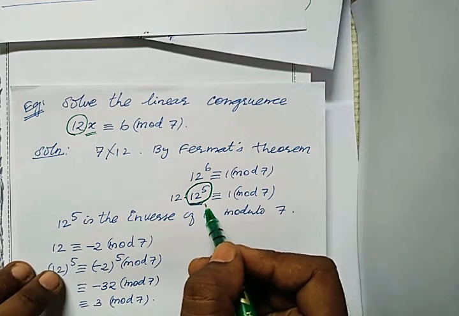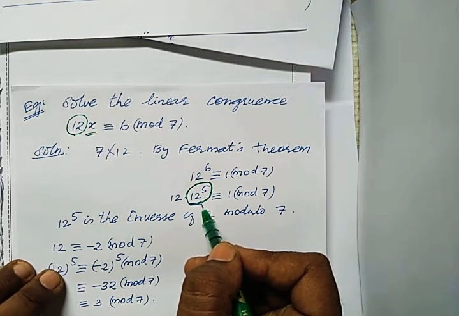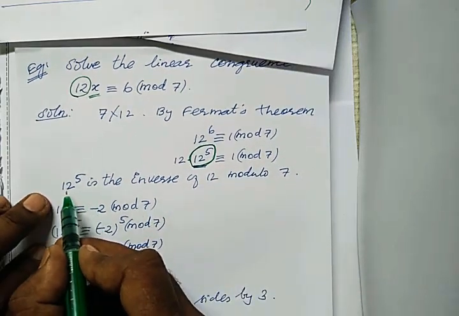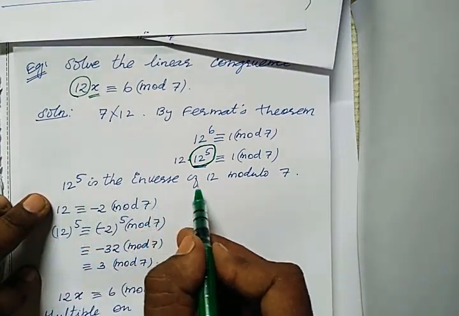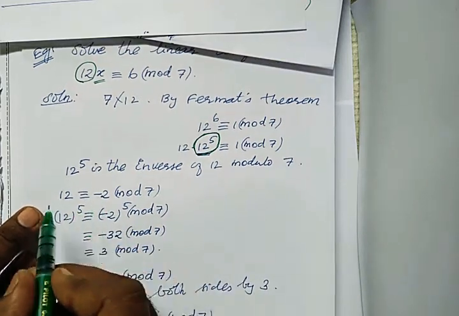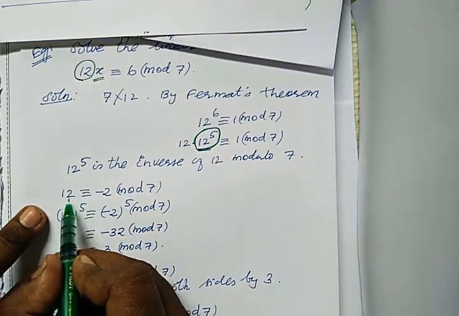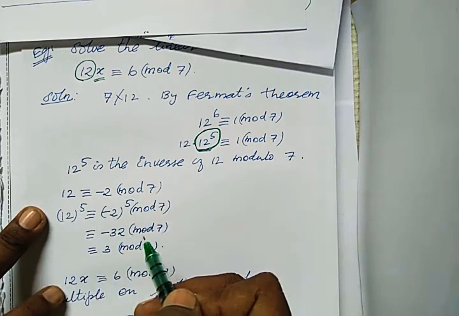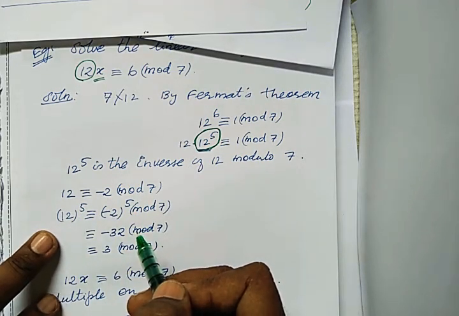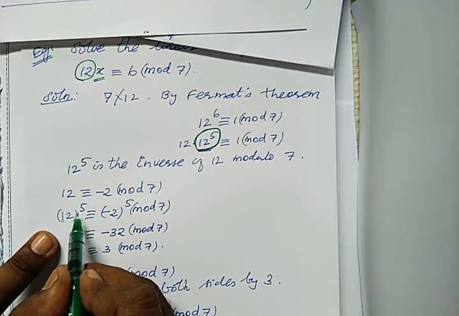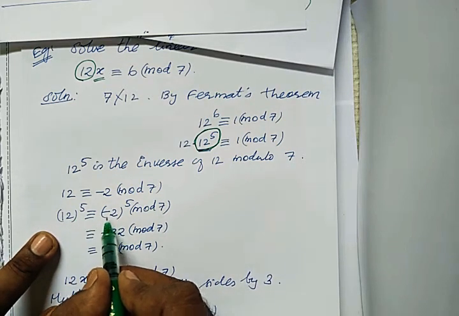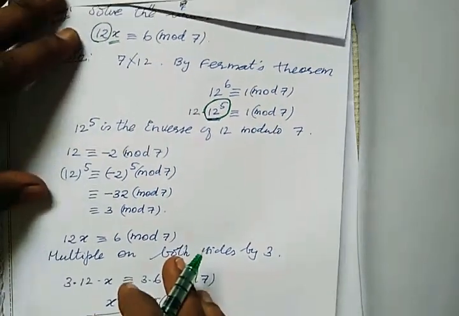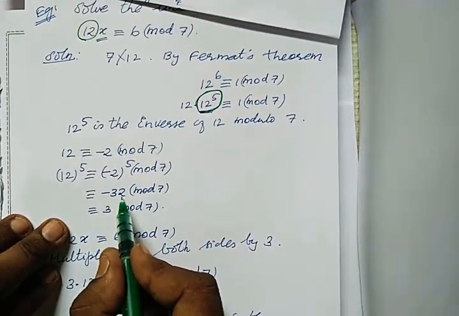Now let us find the least residue for this 12 to the power 5 modulo 7. 12 to the power 5 is the inverse of 12 modulo 7. But what is 12? 12 is congruent to minus 2 modulo 7. So 12 to the power 5 is congruent to minus 2 to the power 5 modulo 7, which is minus 32.